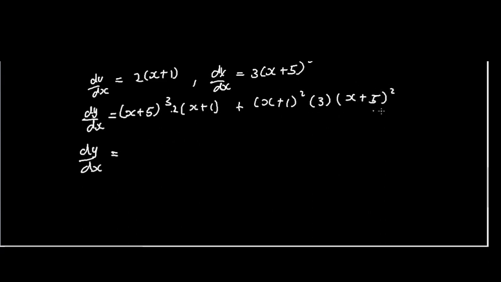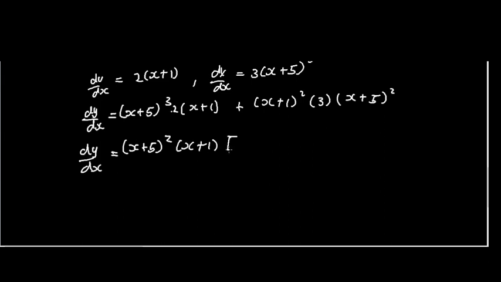So you can factorize out (x plus 5) to power 2 because it has the smallest power. Then you also have (x plus 1) and (x plus 1) squared. We can factorize out x plus 1 because it has the smallest power, which is power 1. So we shall also have x plus 1.